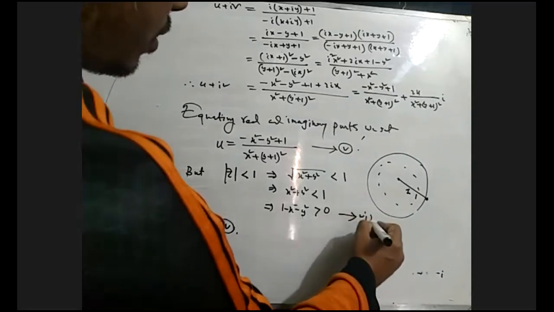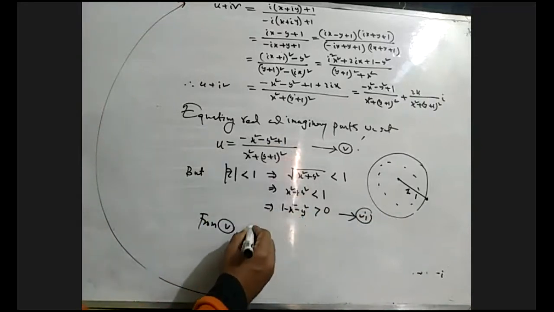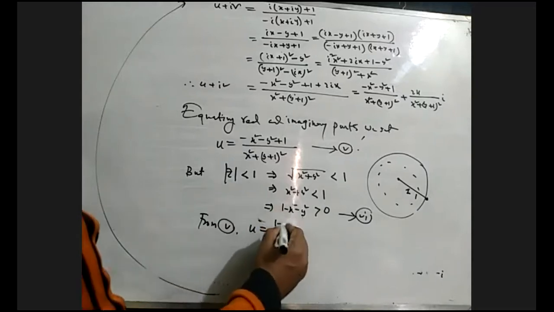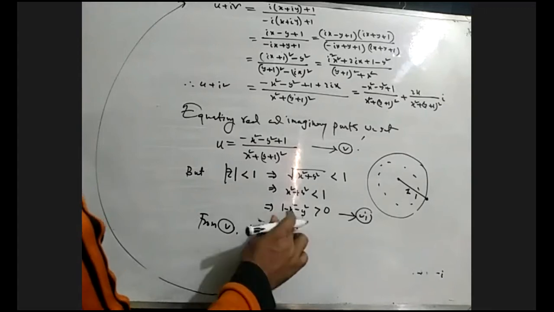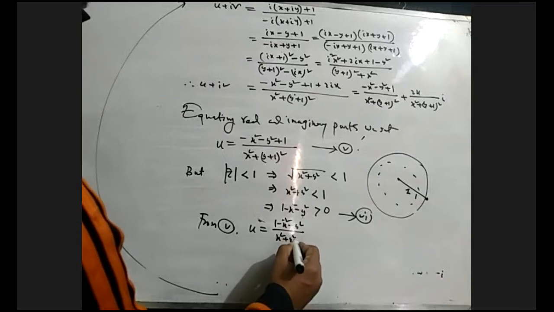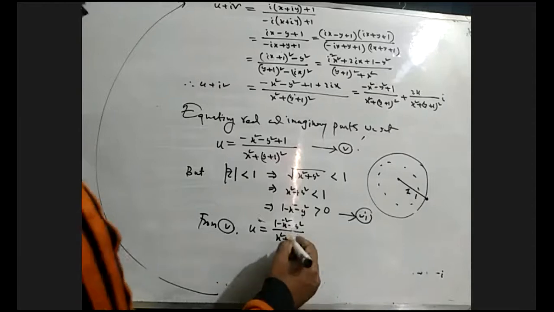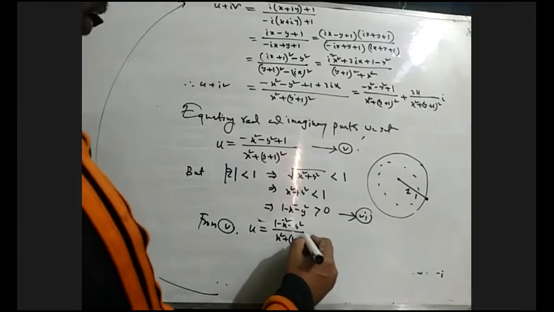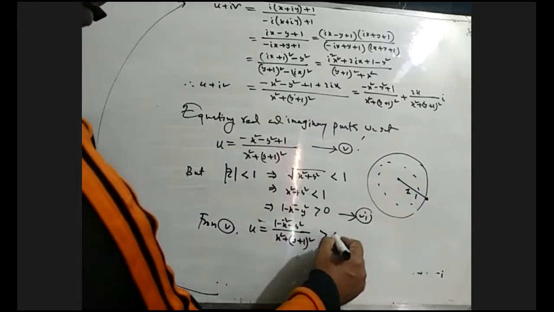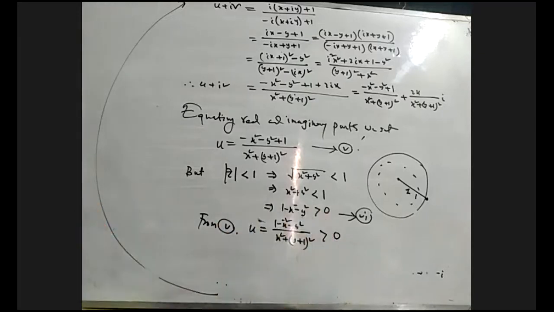From 5, using 6, u equals minus 1 minus x square minus y square divided by x square plus y plus 1 whole square. Since 1 minus x square minus y square is greater than 0, this is greater than 0.